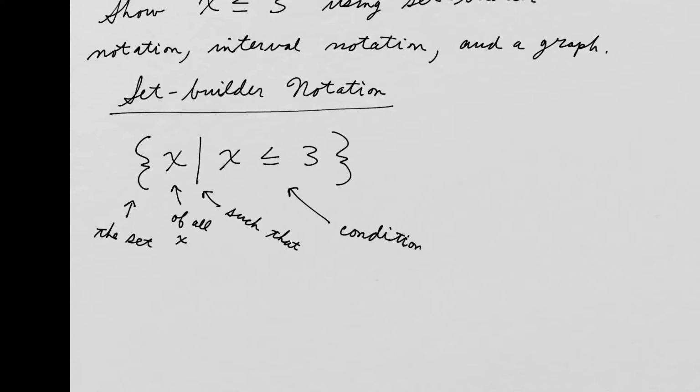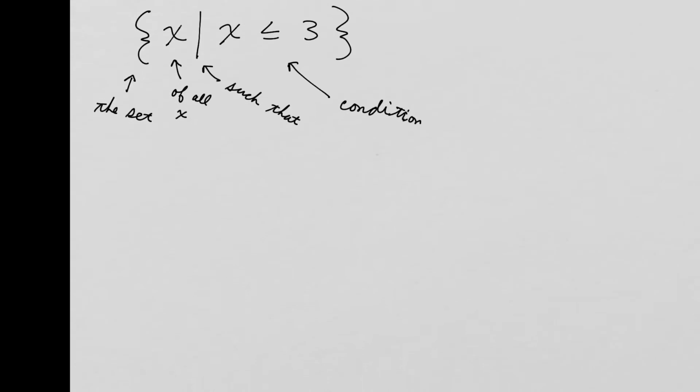So the set of all x such that x satisfies that condition, the fact that it's less than or equal to 3 in this case. Okay, so that's set builder notation. We won't use it too much, but I wanted to mention that. Interval notation is very important. We're going to use this throughout the semester.